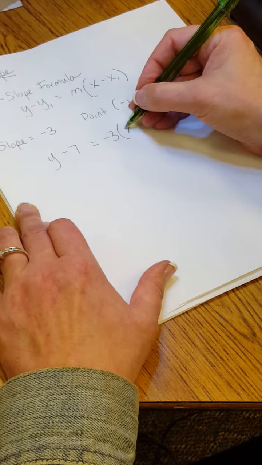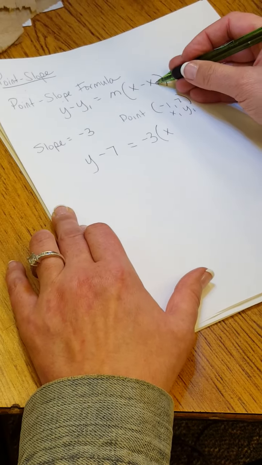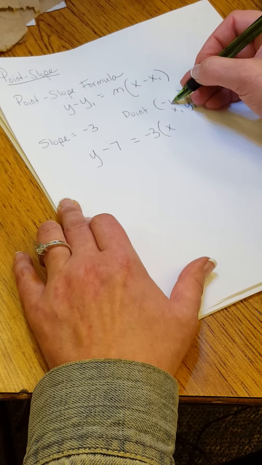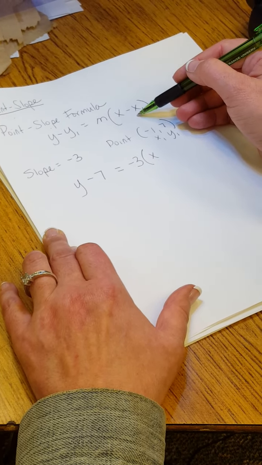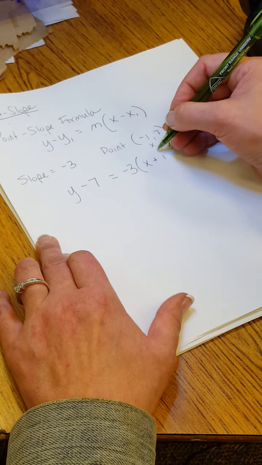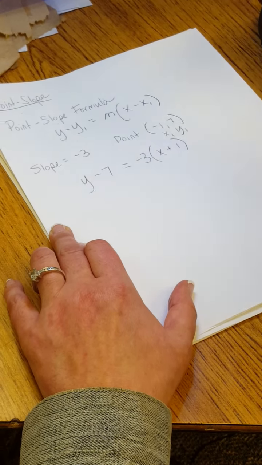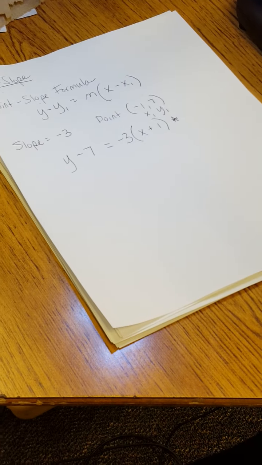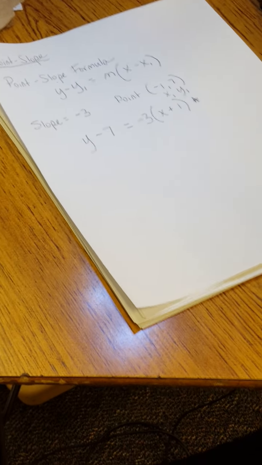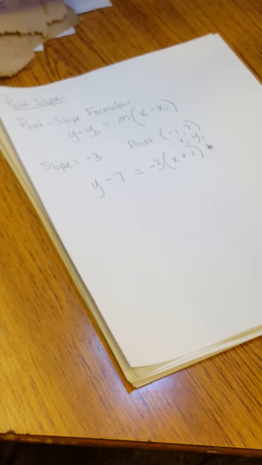X stays x. X1 is -1. Now, what do you think is going to happen to the -1 if I have minus? It's going to be plus. This is in point slope formula. If I said to you, okay, you guys, leave it in point slope, you would say, okay, Ms. Friedauer, and this is your answer. That's how easy it is.